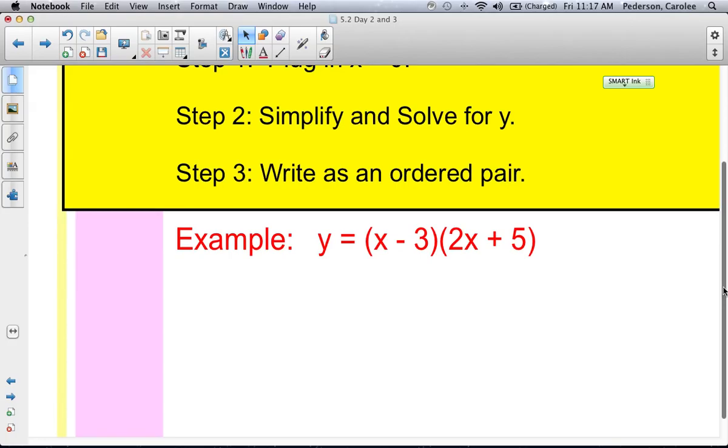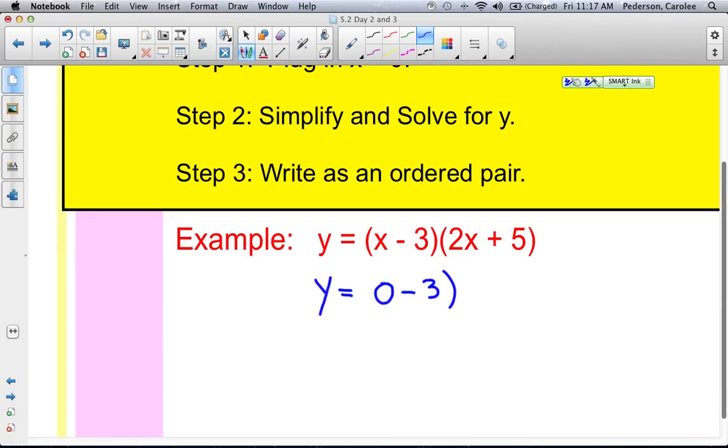All right. This example is a quadratic equation in factored form, and we want to find out what is the y-intercept. So we're going to substitute 0 in for x. That's step 1. So we have a 0 replacing the first x. We have a 0 replacing the second x. And then we simplify.